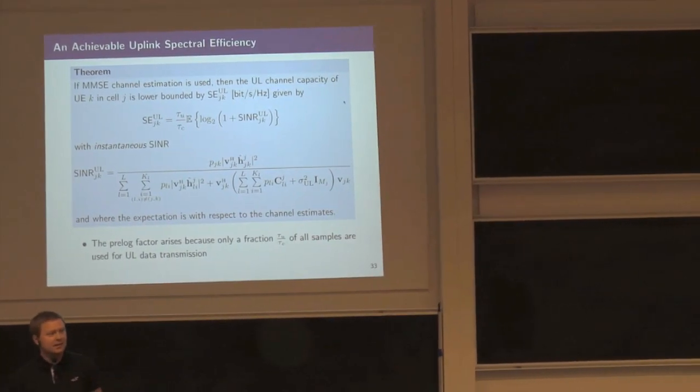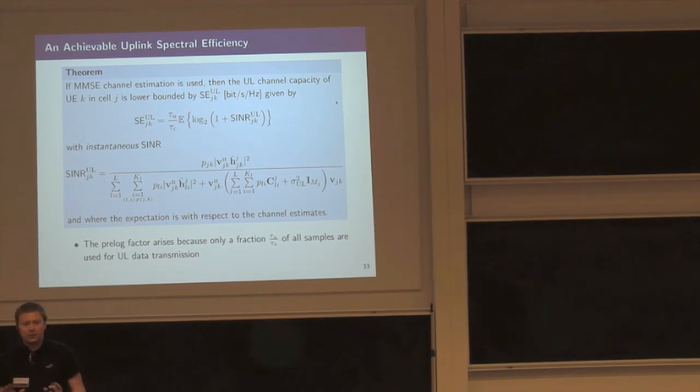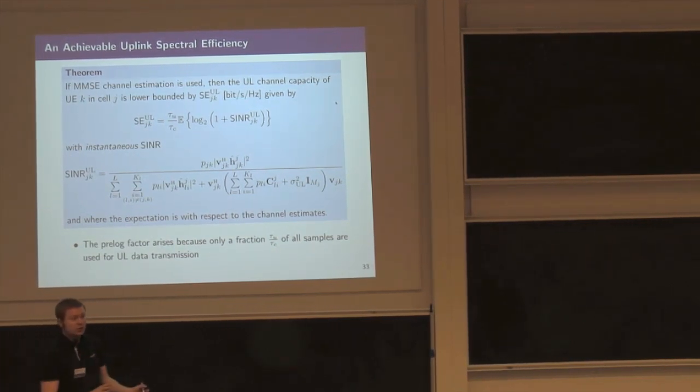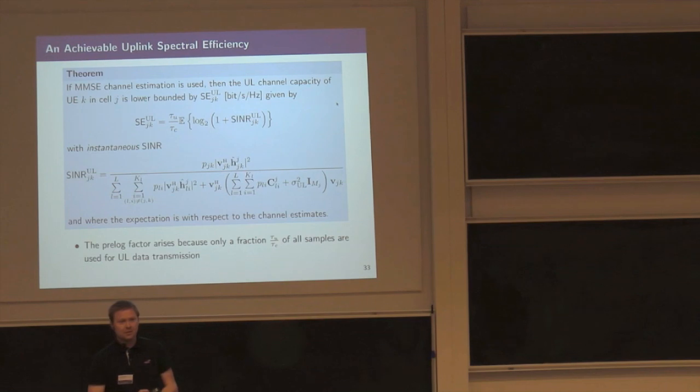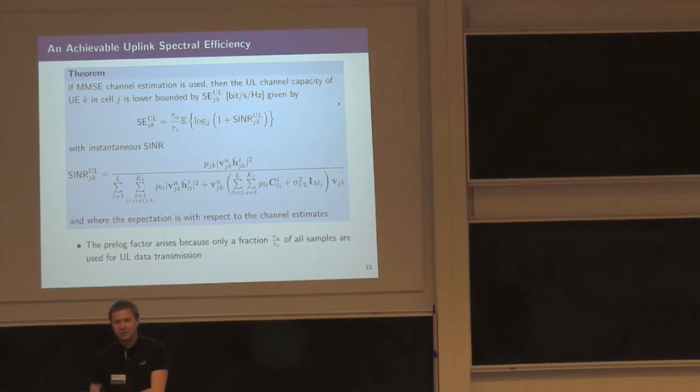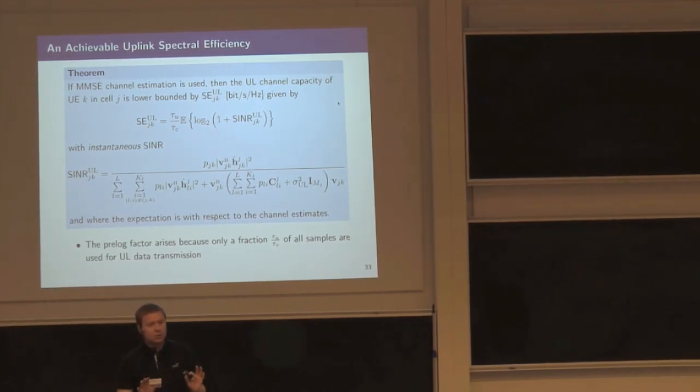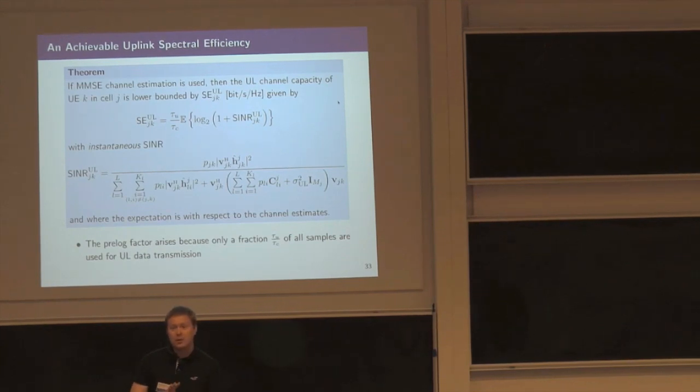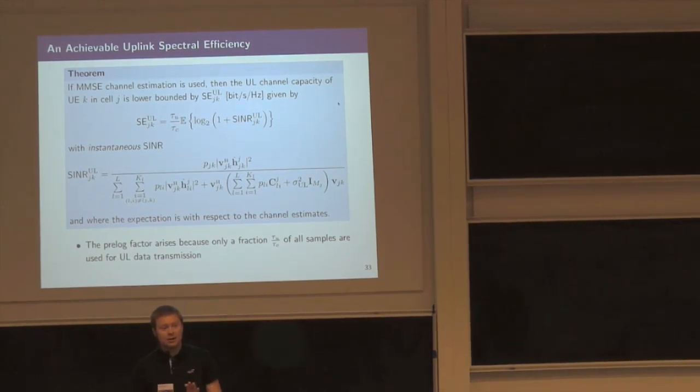One of the questions I got was, what is channel hardening and what is favorable propagation? Because these two are actually two different concepts, even if they are kind of related.